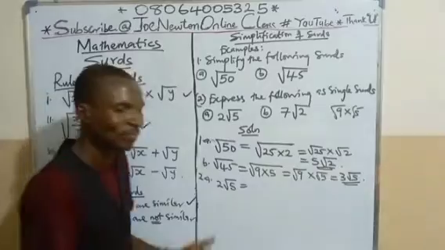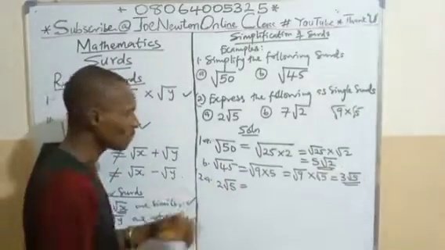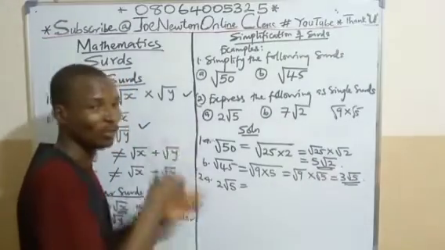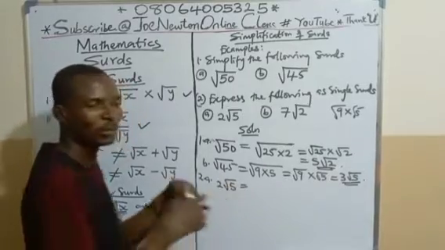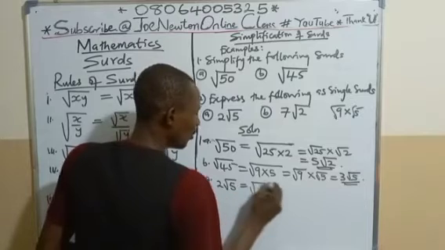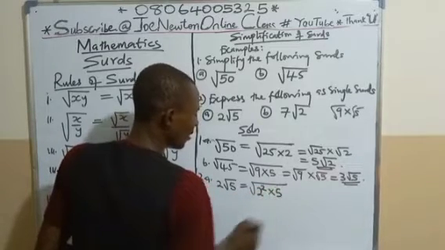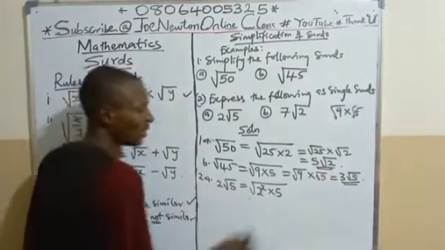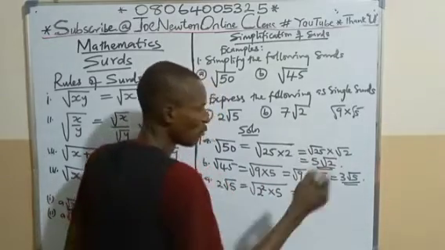In 2 surd 5, this 2 is the rational part. So square it and multiply. Opposite of square root is square. So square this and multiply it by this one, and you get the single surd. Very simple. That will give us square root of 2 raised to the power 2 times 5, because the square root gives us this 2 outside. 2 raised to the power 2 is 2 times 2, 4.